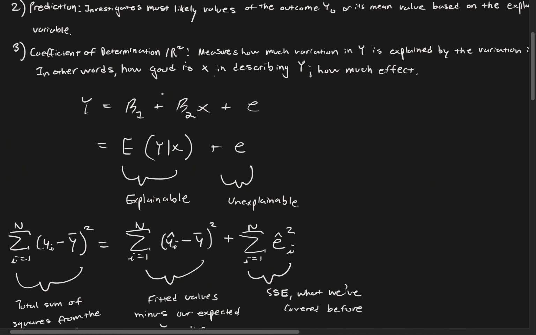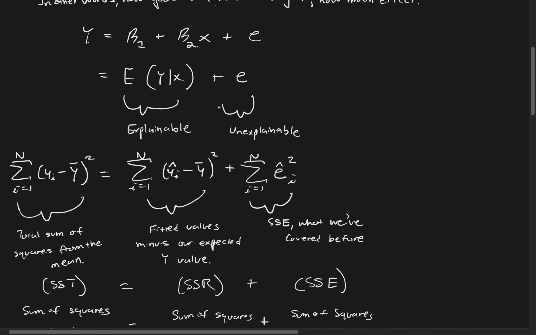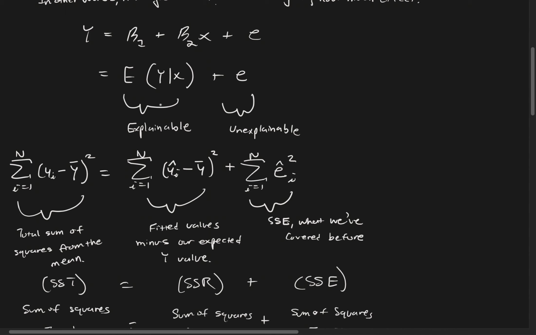So in the equation, if we include every part of the equation, so beta 1 plus beta 2 x, if we exclude the error, that's what we will call the explainable part of the equation, and then the error is the unexplainable.